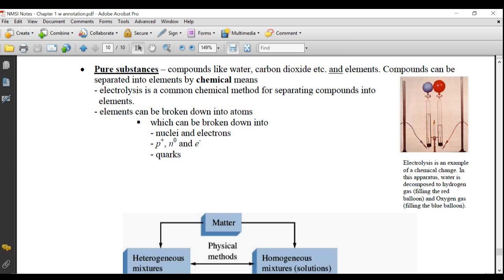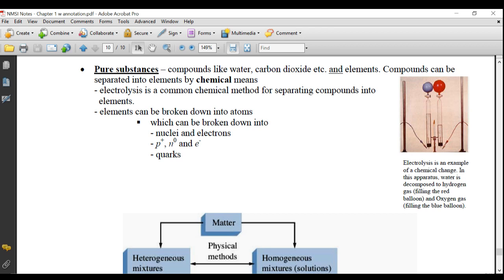Elements cannot be broken down and maintain the properties of that element. They can be broken down into things like protons, neutrons, and electrons, but those don't fundamentally have the properties of sodium anymore. So a proton is a proton is a proton. It doesn't matter where it came from.